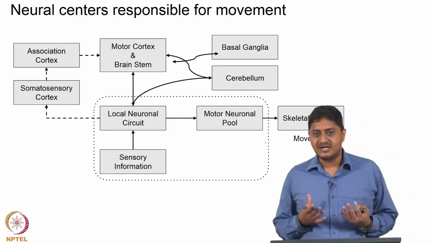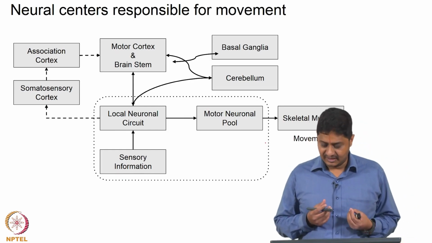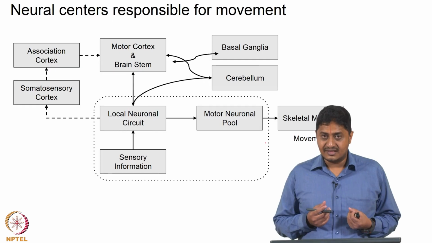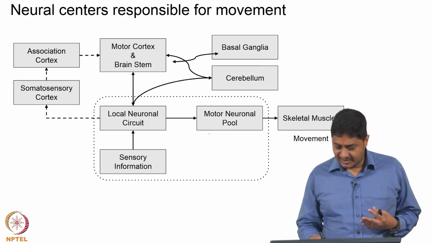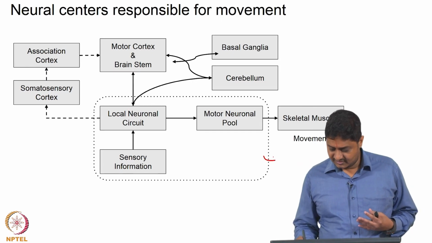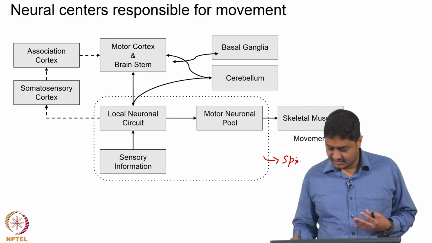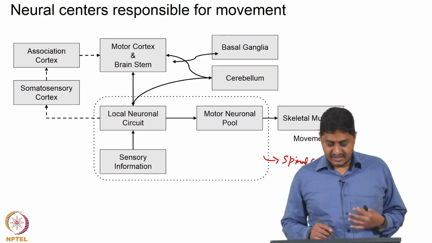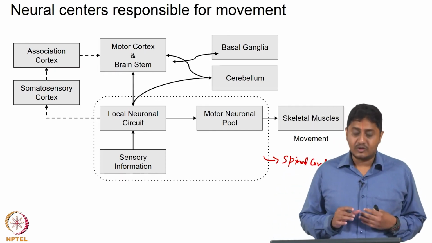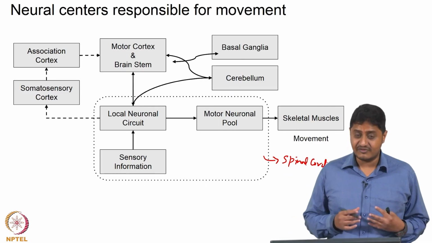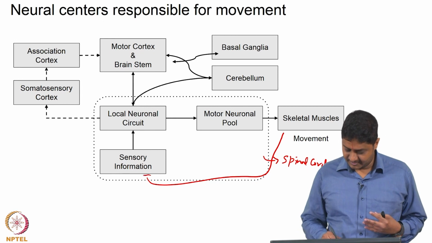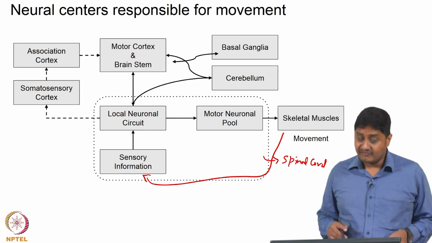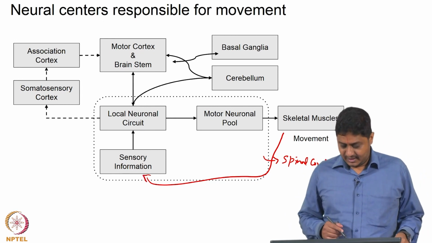We said that movements are generated through skeletal muscles, and skeletal muscles are controlled by the alpha motor neuronal pool in the spinal cord. The dotted box is the spinal cord, and these alpha motor neuronal pools are controlled by local neuronal circuits. There is sensory information that also comes from the muscle, for example, and from other sources of course.